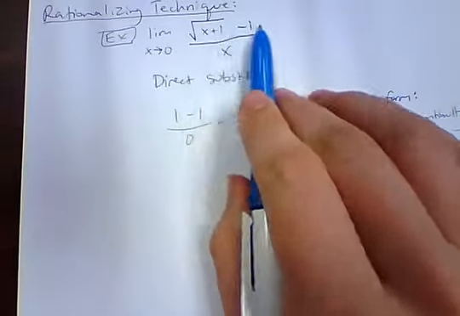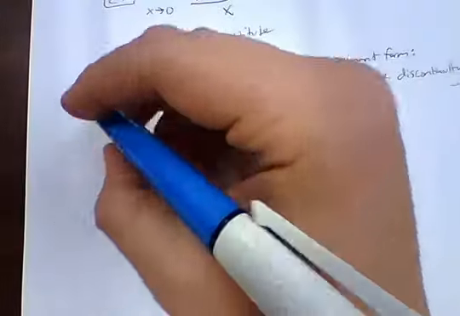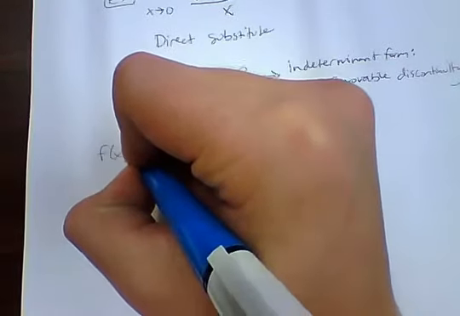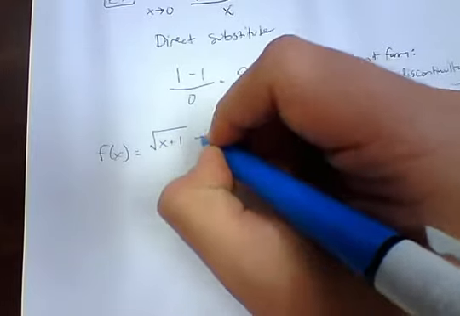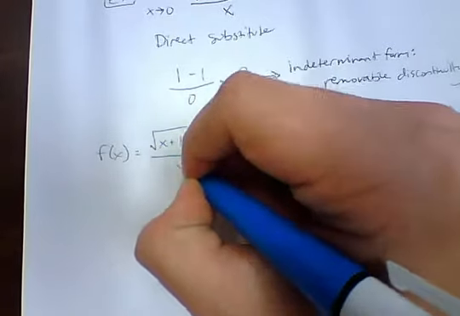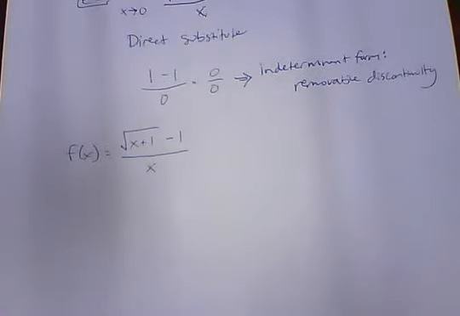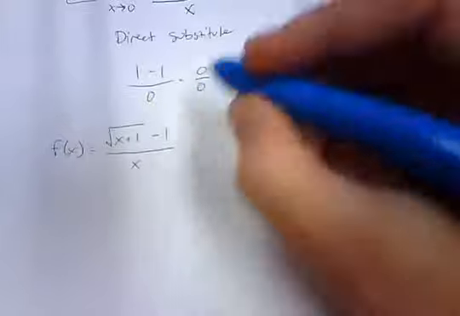We can simplify the numerator if we rationalize it. So remember what that looks like. We still have our f of x, which is radical x plus 1 minus 1, all over x. And we remember rationalizing, or maybe not, that's okay. We'll go over it right now.